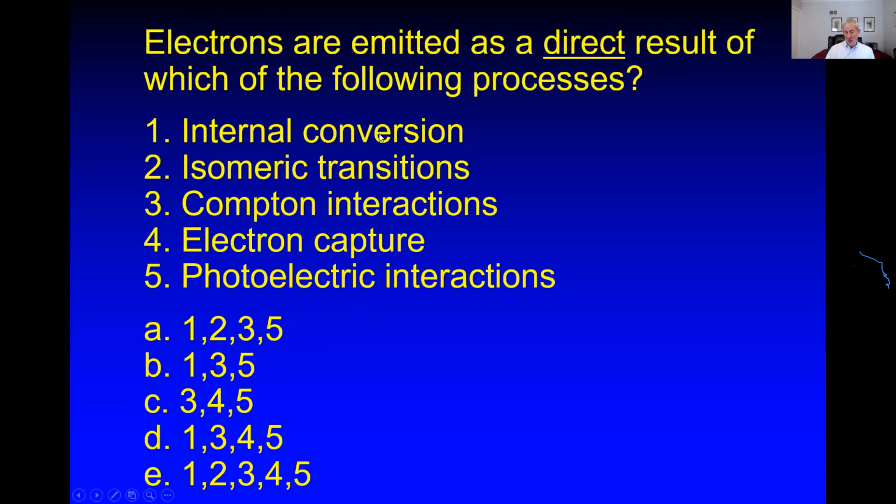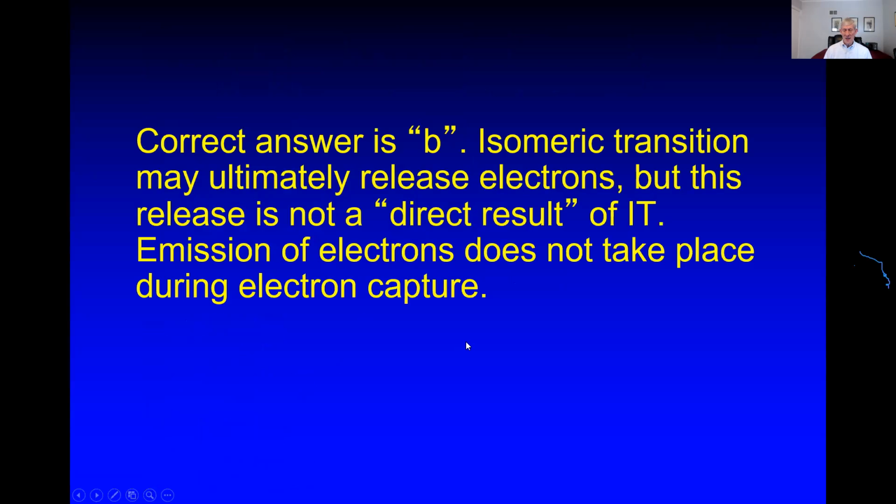Internal conversion, remember the nucleus releases energy, knocks out an electron. In Compton, a gamma knocks out an electron. Photoelectric, a gamma knocks out an electron. Those are direct results. Isomeric transition doesn't emit the electron, that's emitting gamma rays. And electron capture, the only time that would emit an electron is Auger electrons ultimately. Those two are indirect, or not even applicable. So 1 and 3 and 5, choice B. That is correct.